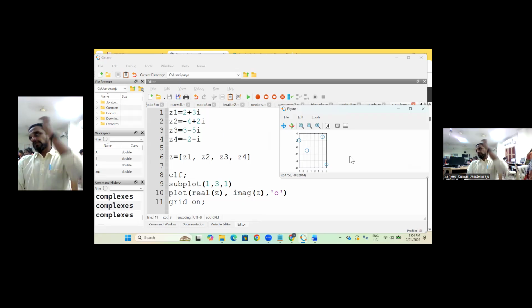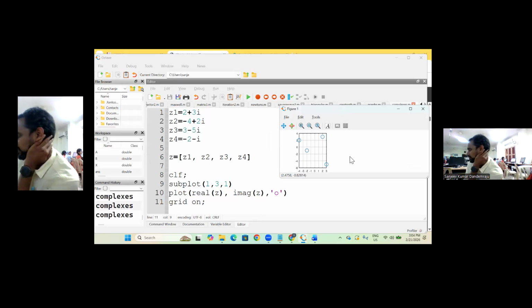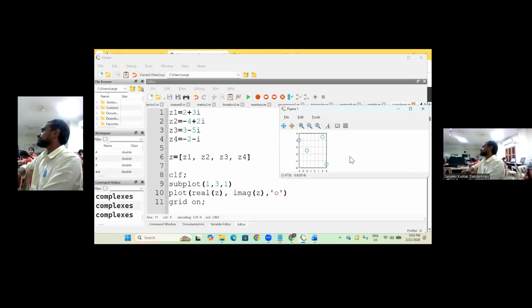So here I'm representing all the complex numbers as just dots in the real versus imaginary plane.